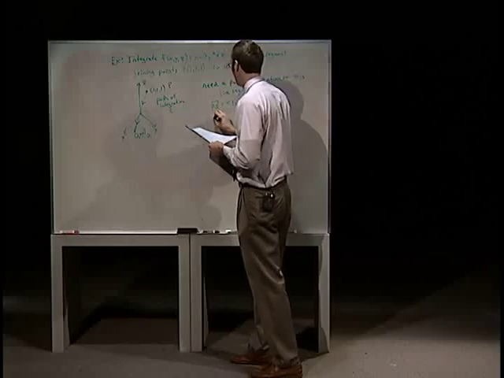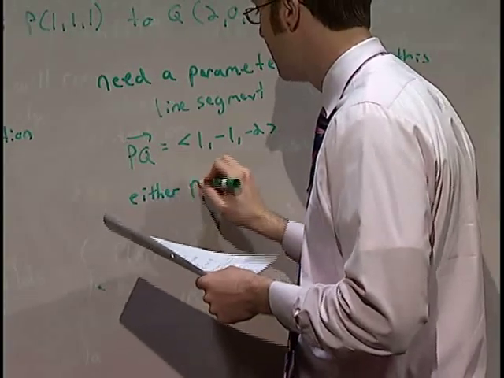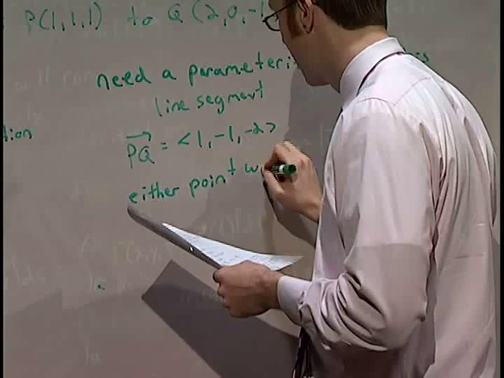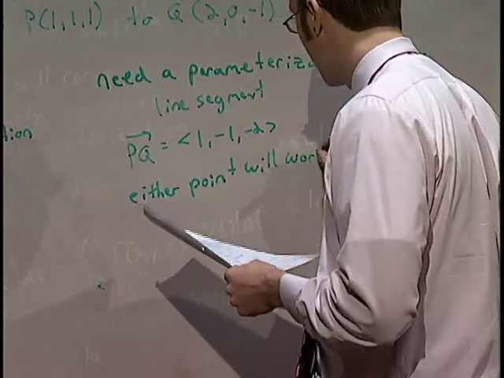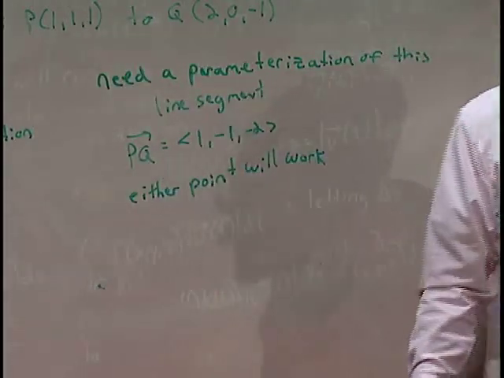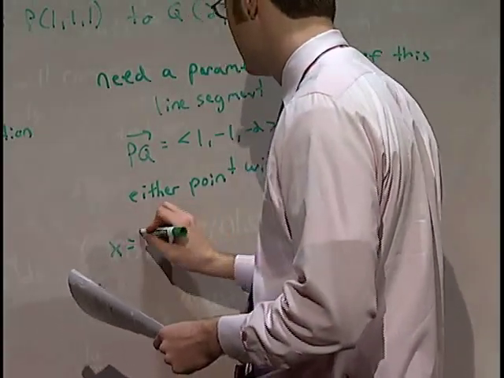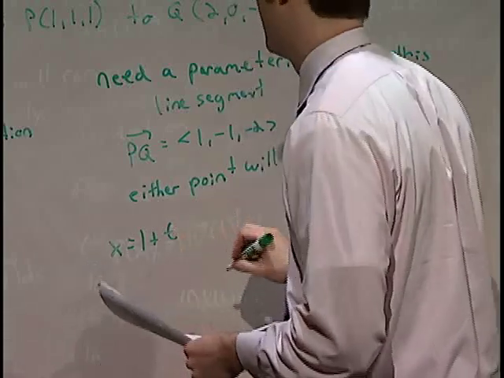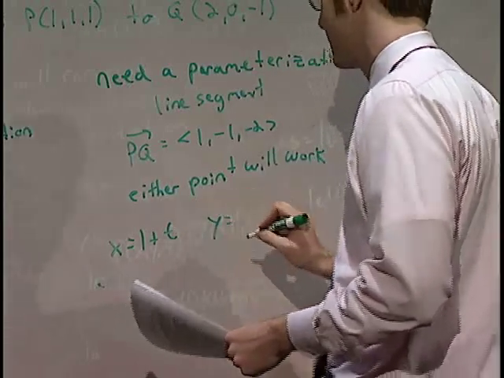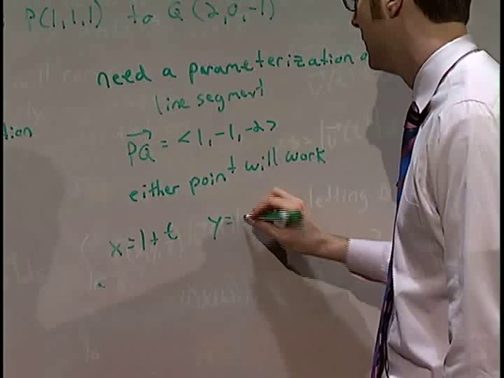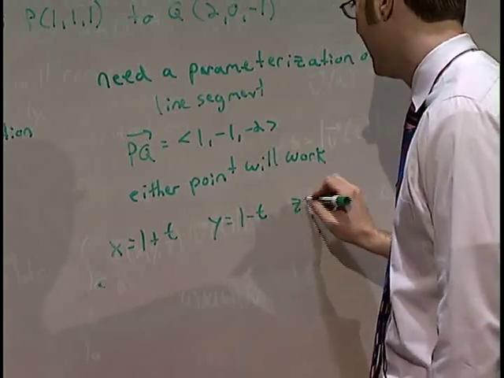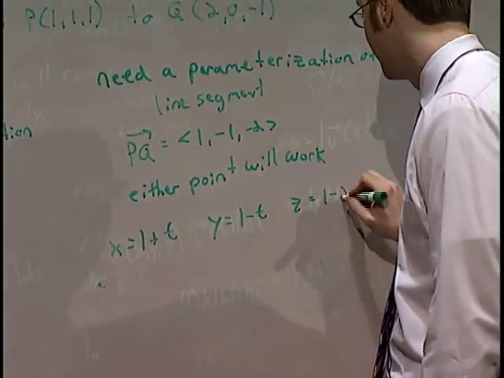And we can use either point, so I'll use P, for example. And as a consequence, the equation for my line segment looks like y equals 1 minus t, and then z equals 1 minus 2t.